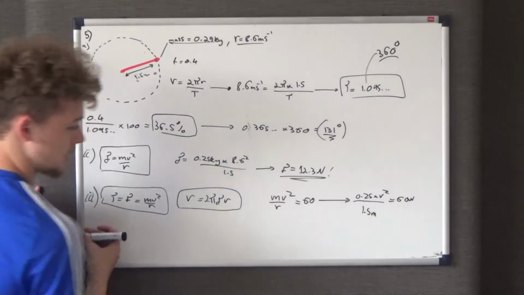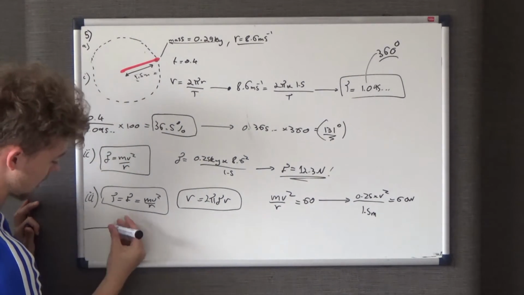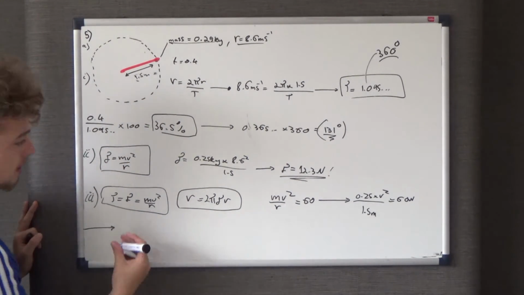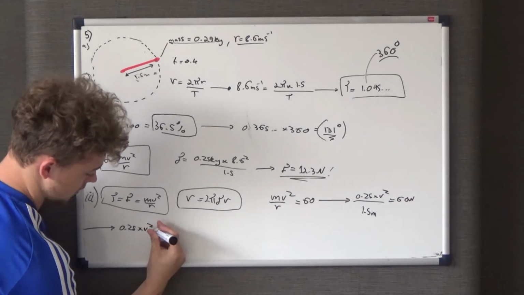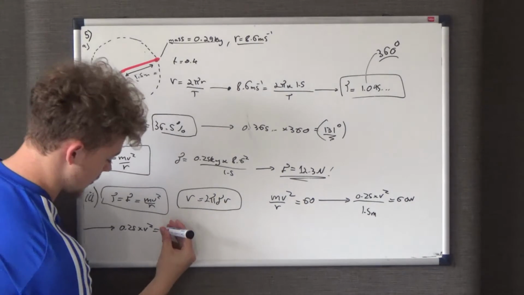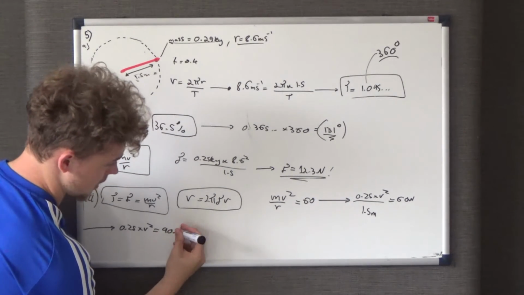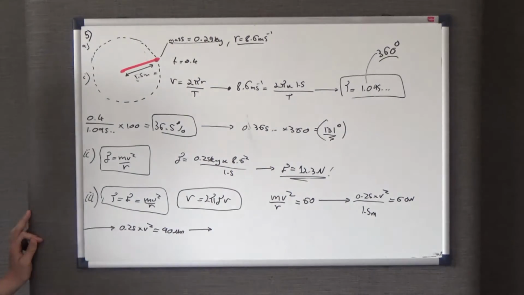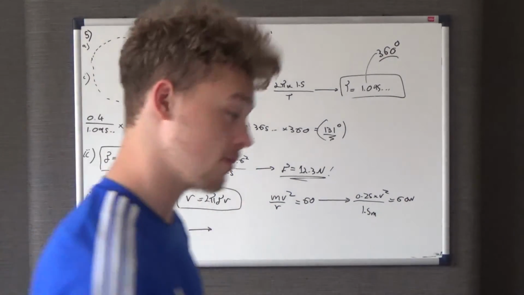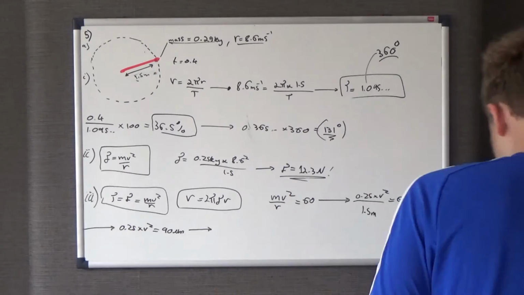Rearranging, 0.25 times v squared is equal to 60 times 1.5, or 90 newton meters.